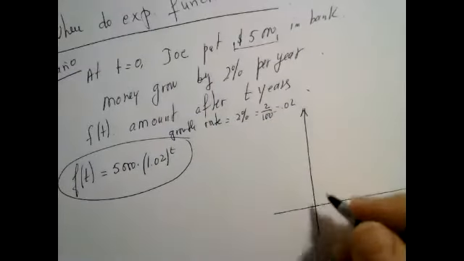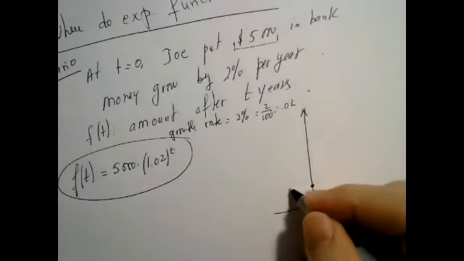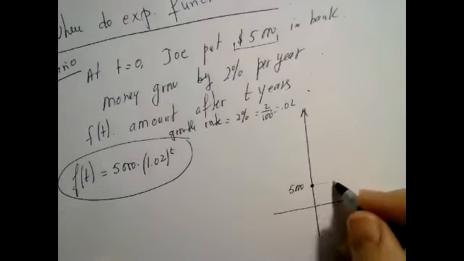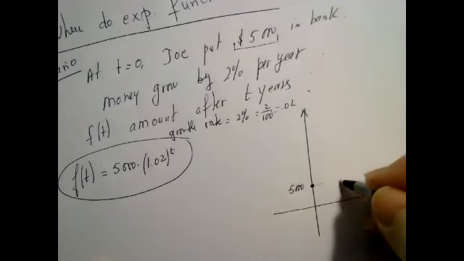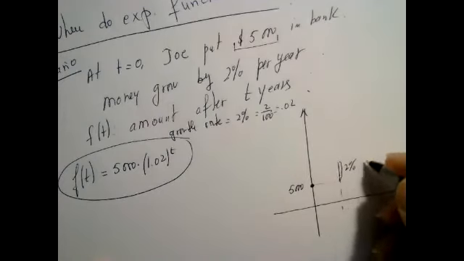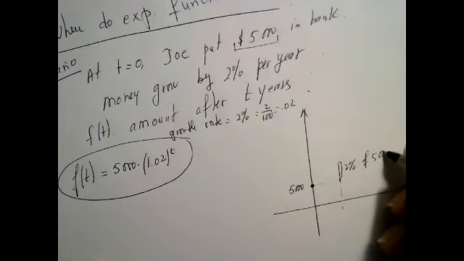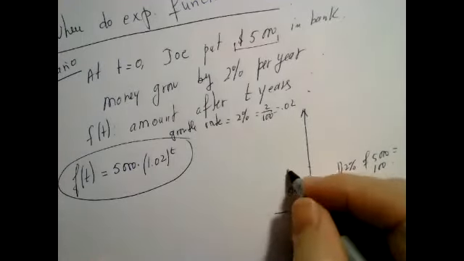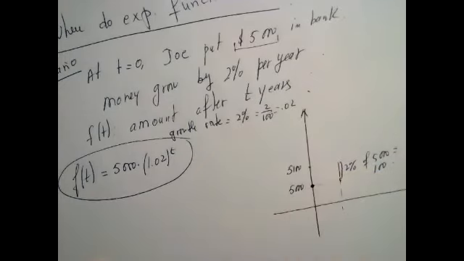And graphically, what's really going on? We start with 5,000. After 1 year, the money grew by 2% of the 5,000, which is 100. So now we have 5,100 in the bank after 1 year.